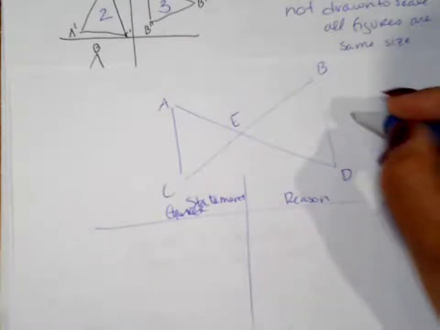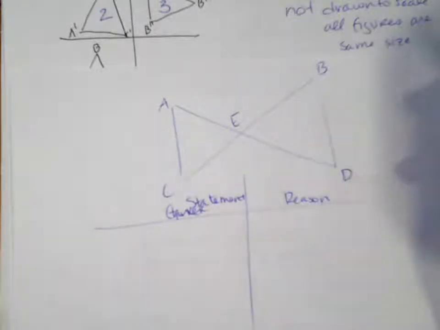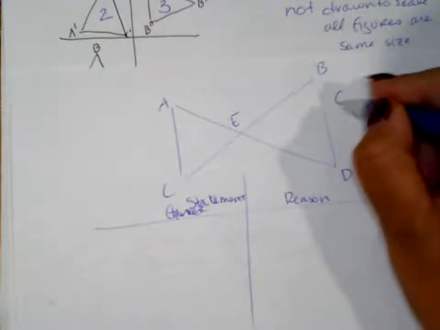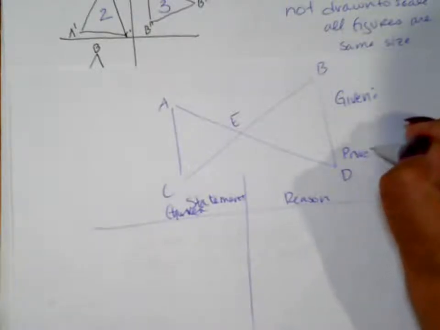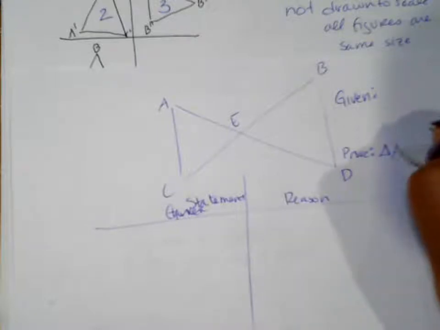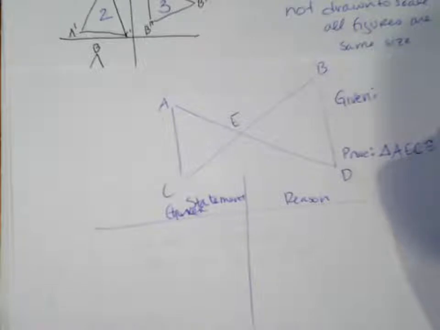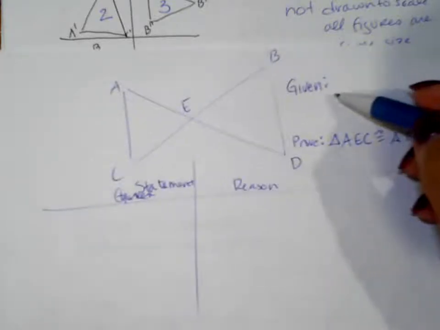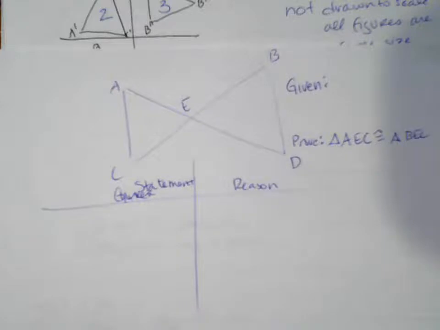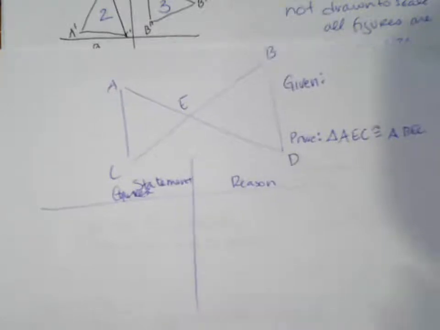And it'll give you some kind of information, so given, and then it'll want you to prove that triangle AEC is congruent to triangle BEC. So that's what the proof is. I know you guys have done plenty of those, depending on what's given. So they're going to want you to actually write out those reasons. So that's a proof.